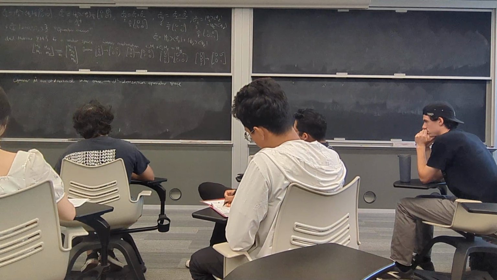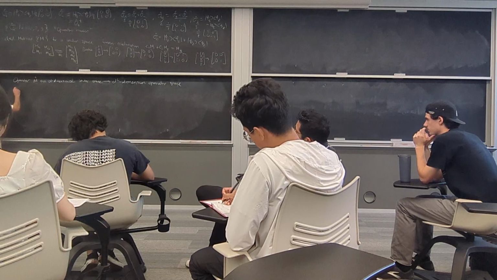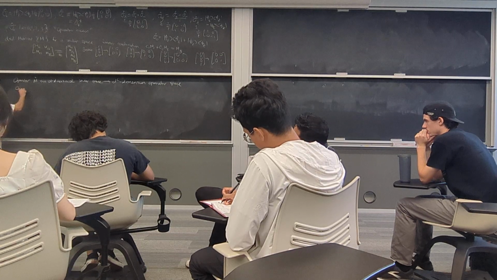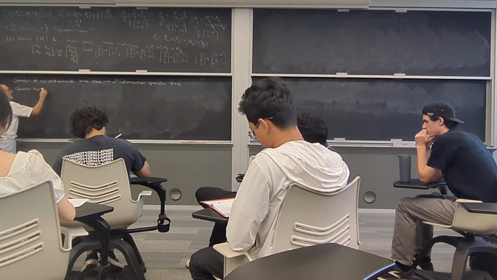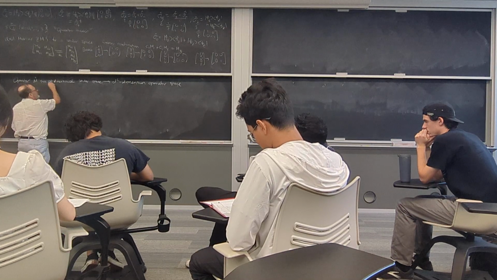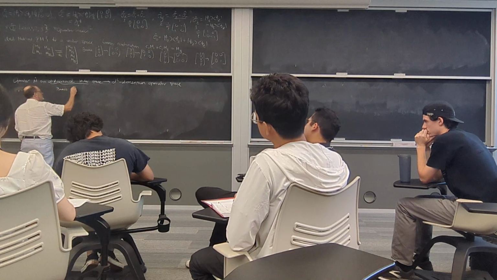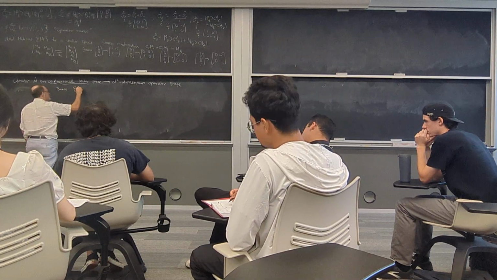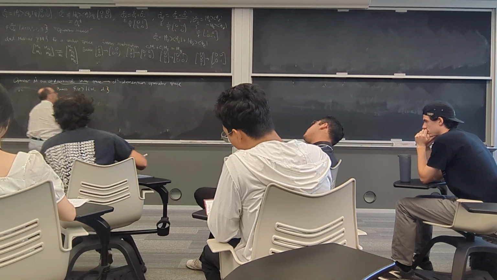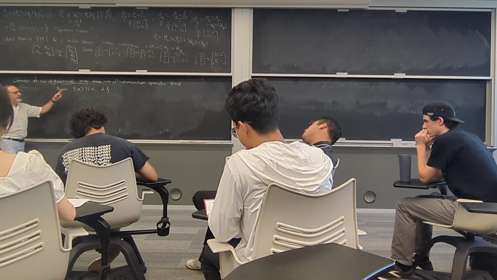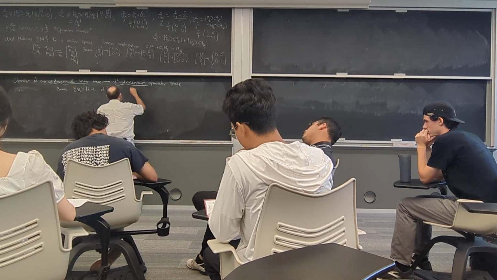So I can think about an operator basis. Let's just say if I have a d-dimensional vector space, I have some basis for it. Okay, that's a basis of the vector space. And I want to think about what is a basis for this?